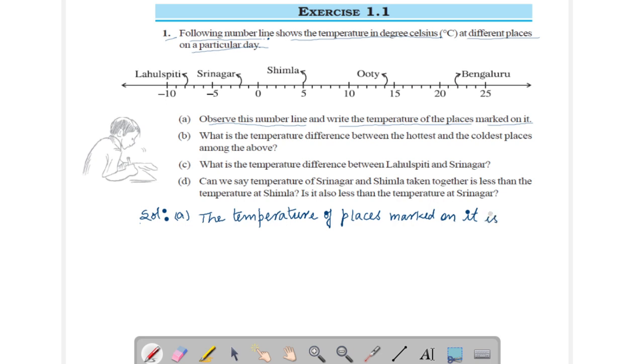Places, temperature. Places Bangalore, temperature is 22 degrees.